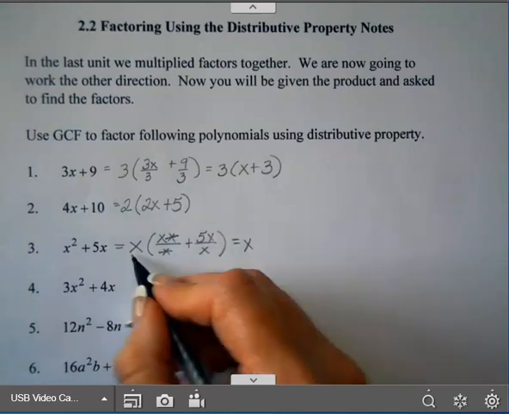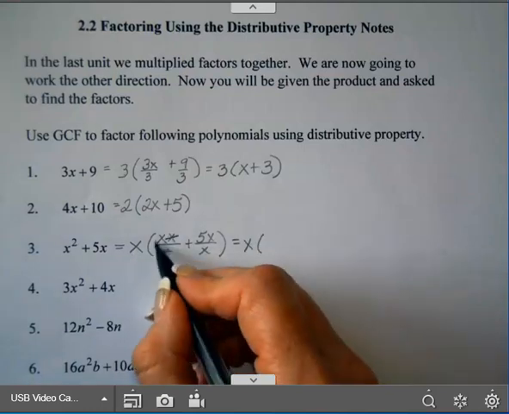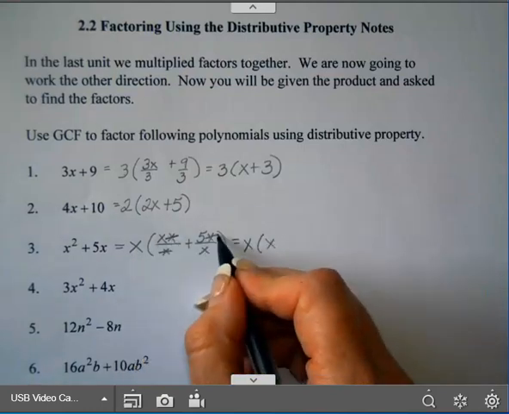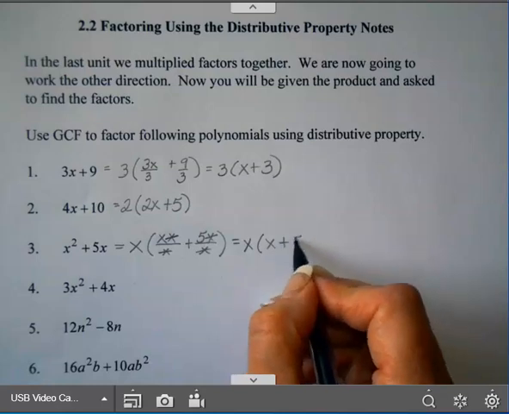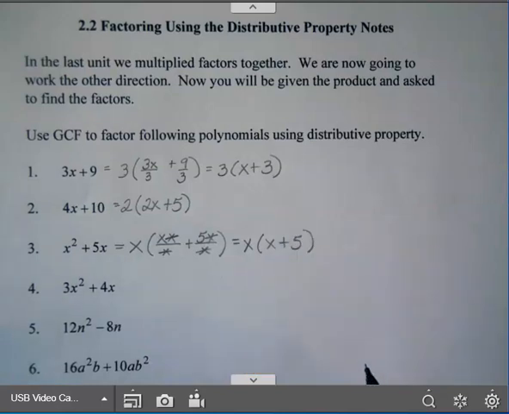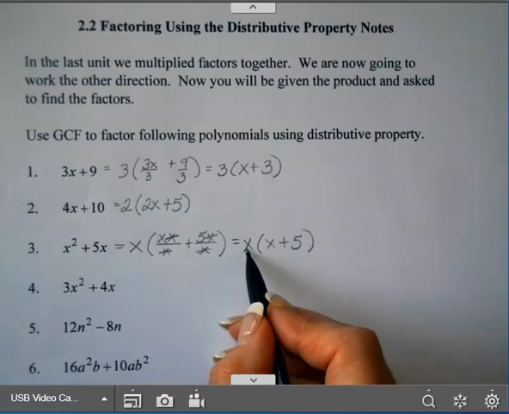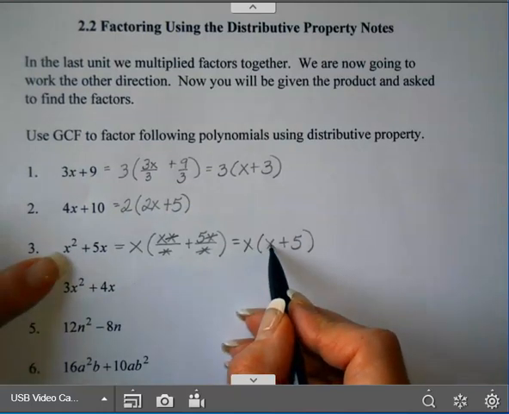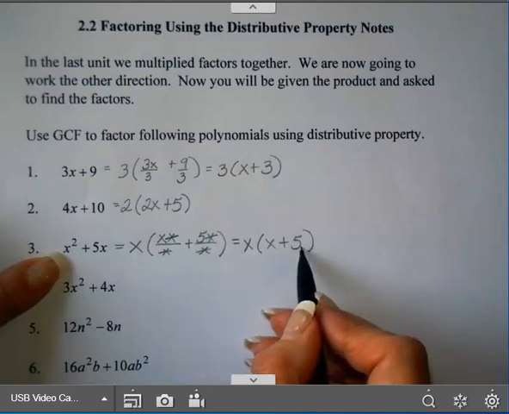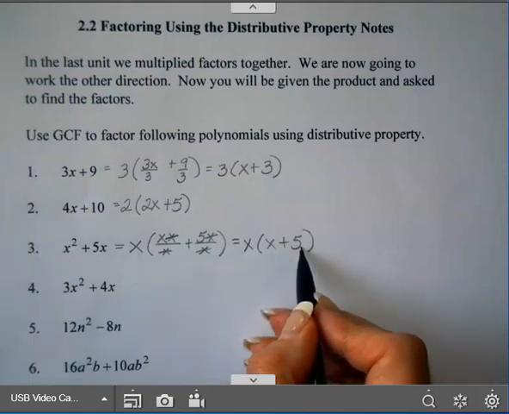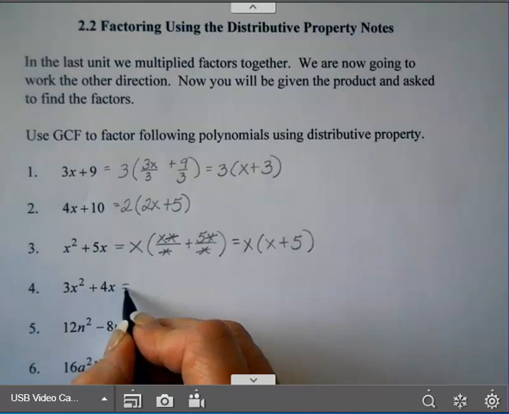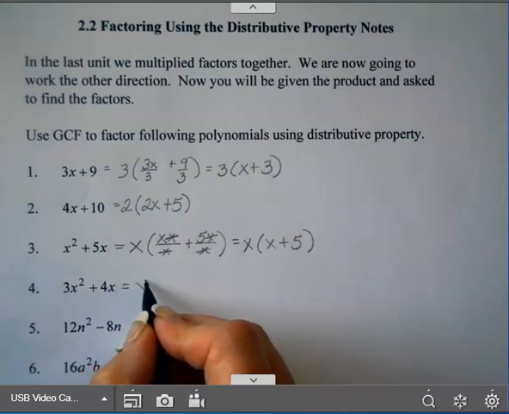I still have the x on the outside, and then parentheses, I'm left with an x here. The x's cancel here, and I'm left with a plus 5. So I took one of the x's out. Notice if I multiply this, x times x does give you the x squared, and x times 5 does give you the 5x.